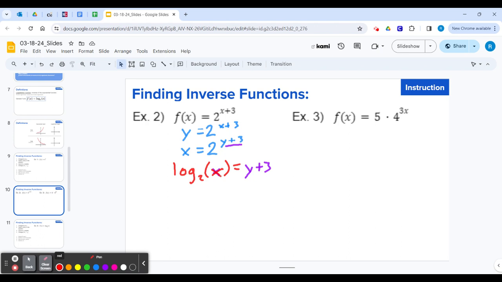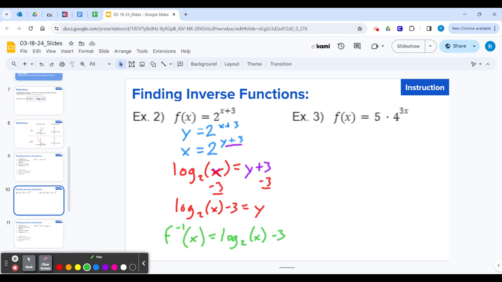You'll notice we don't have y all by itself yet, so we're going to have to subtract 3 from both sides. Just like before, this is going to stay outside the logarithm. Log base 2 of x minus 3 equals y. And we have y by itself now, so we can just change that notation. f of negative 1 of x equals the log base 2 of x minus 3.